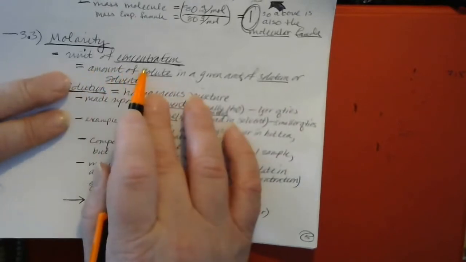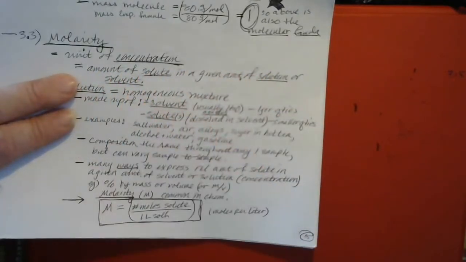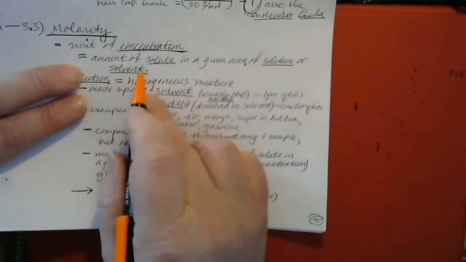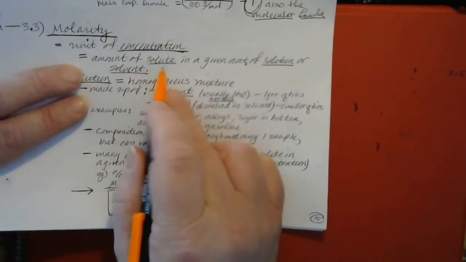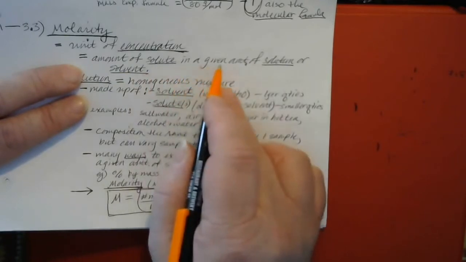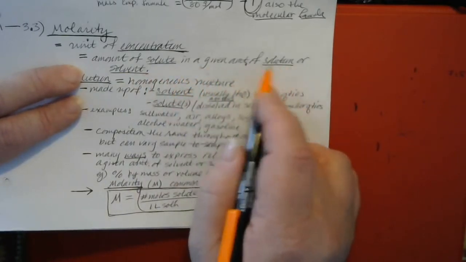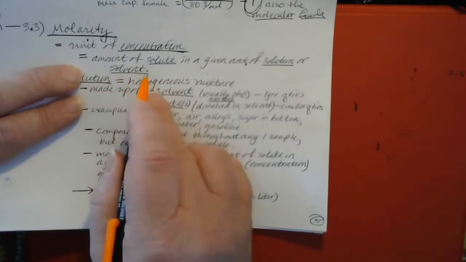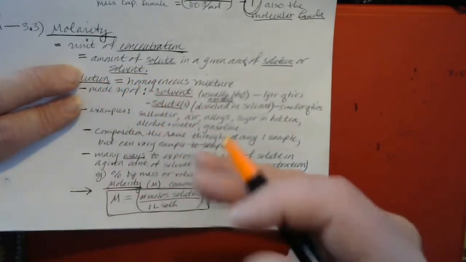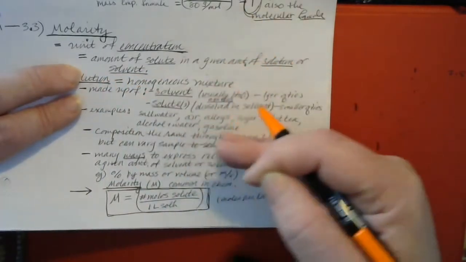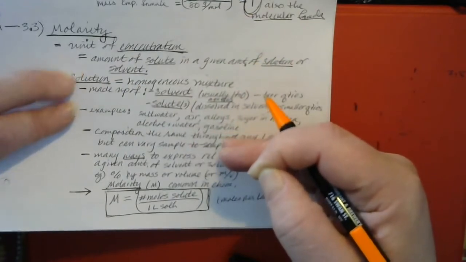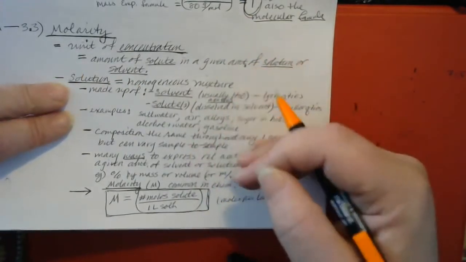A concentration deals with solutions, and a concentration in general is just a way of expressing the amount of solute dissolved in a given amount of either the total solution or the solvent. So you're comparing how much solute is there compared to either the total amount of solution or just the solvent, one or the other.